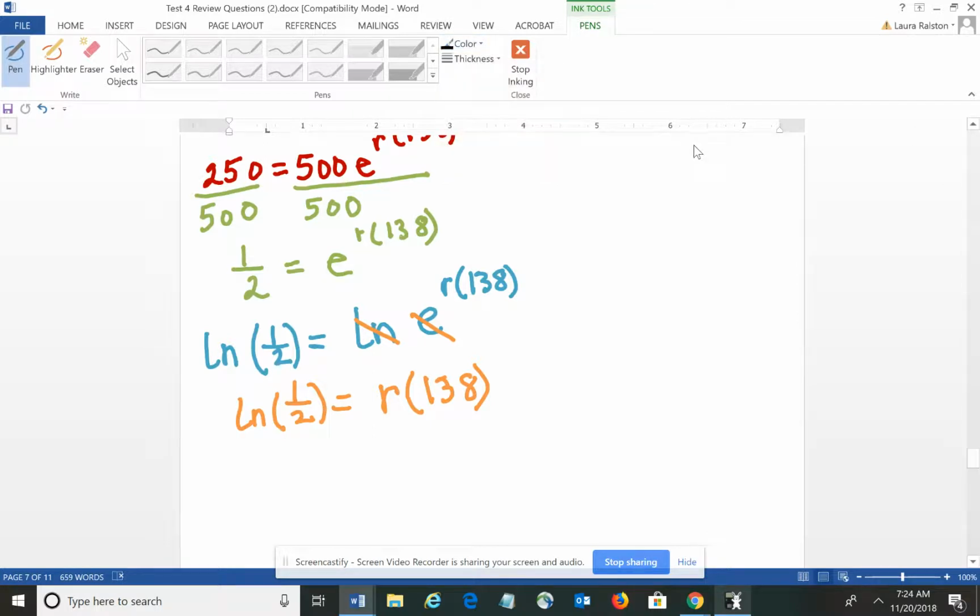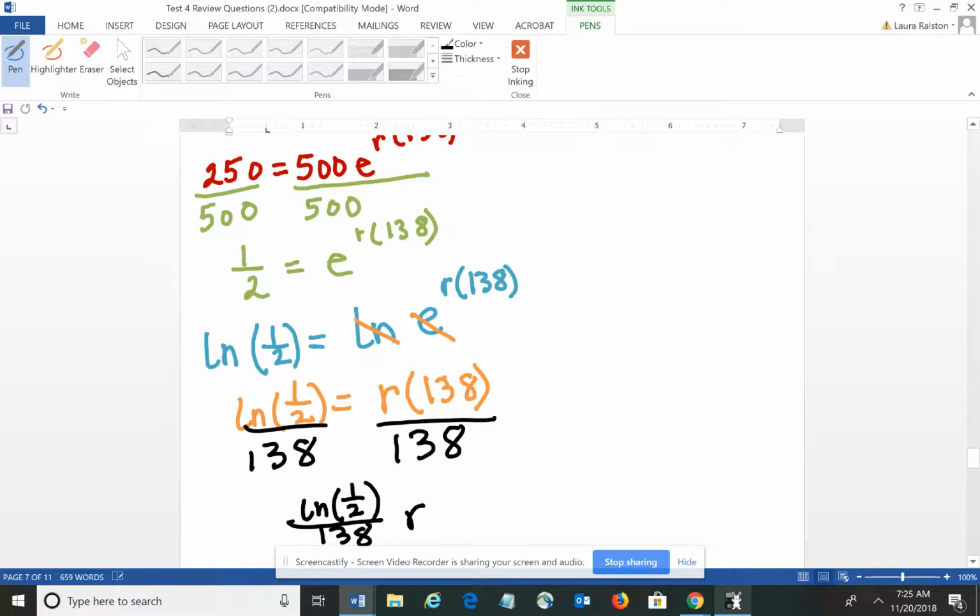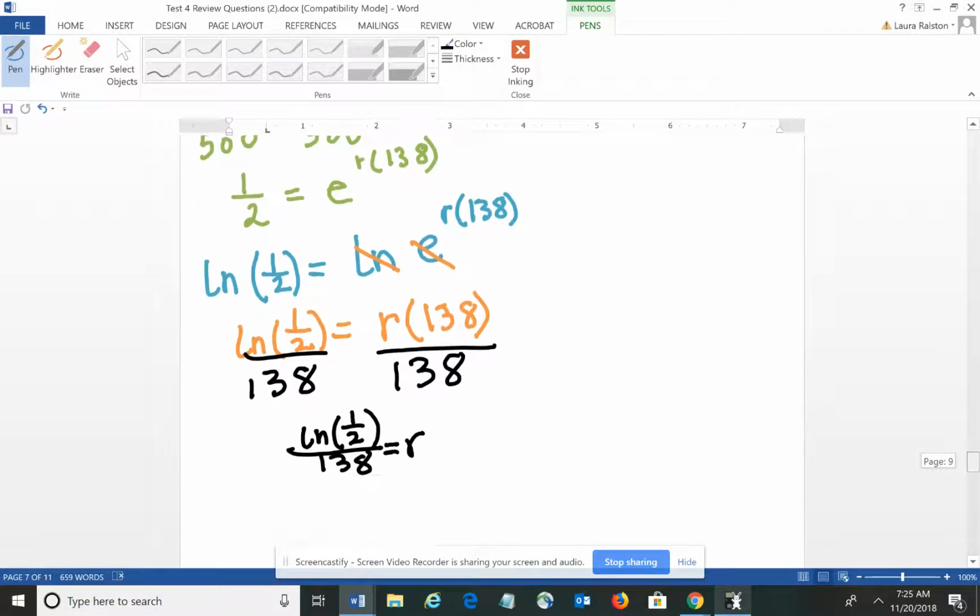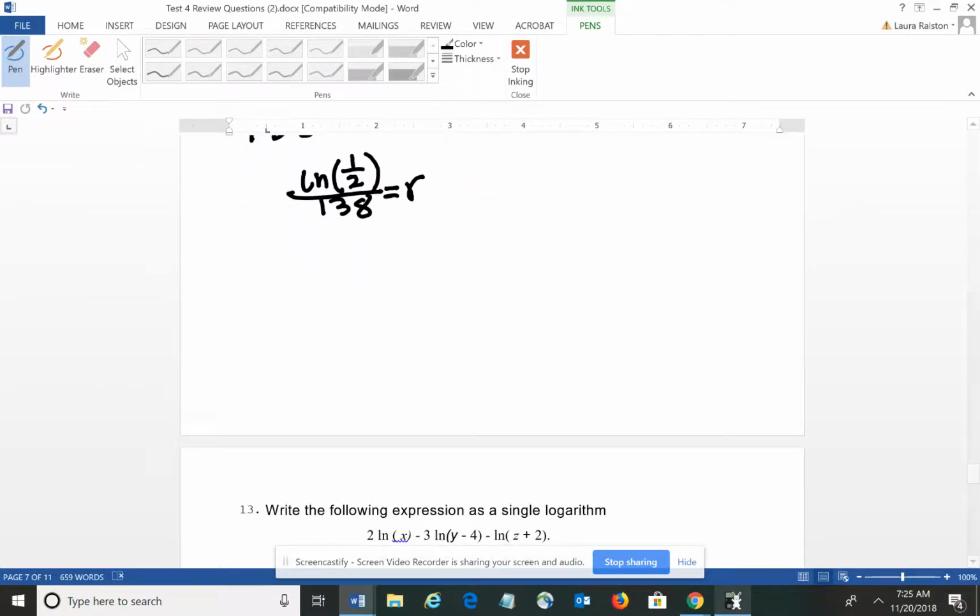So I divide by 138. So the natural log of 1/2 divided by 138 is r. That gives me my rate of decay. And I'm going to leave it like that because that's the exact value.